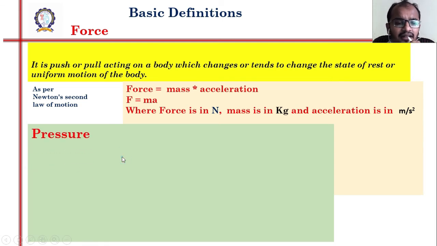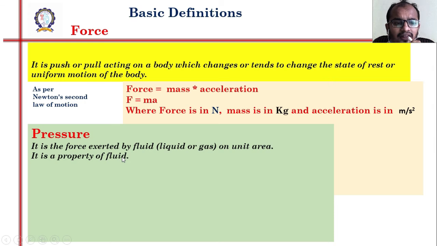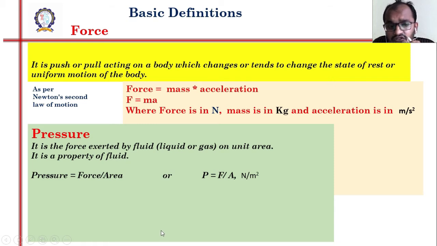Then another parameter is pressure. Pressure is one kind of force exerted by a fluid, it may be liquid or gas, on a unit area. That we can call pressure. It is basically a property of fluid, because in fluids we generally define the term pressure in most cases. It does not mean that we are not discussing pressure in solids or some different segment, but we talk more about pressure in the fluid part.